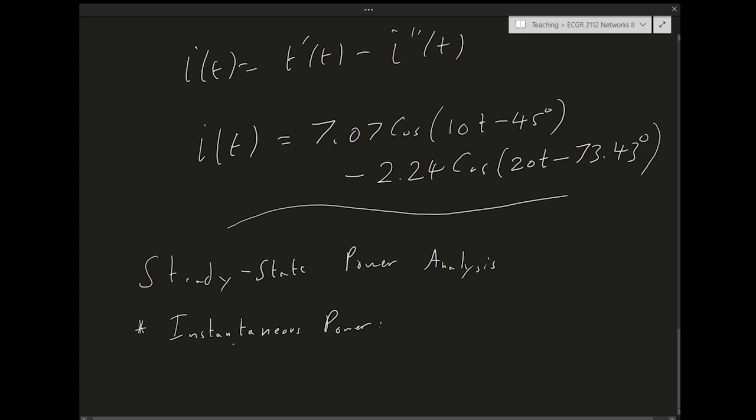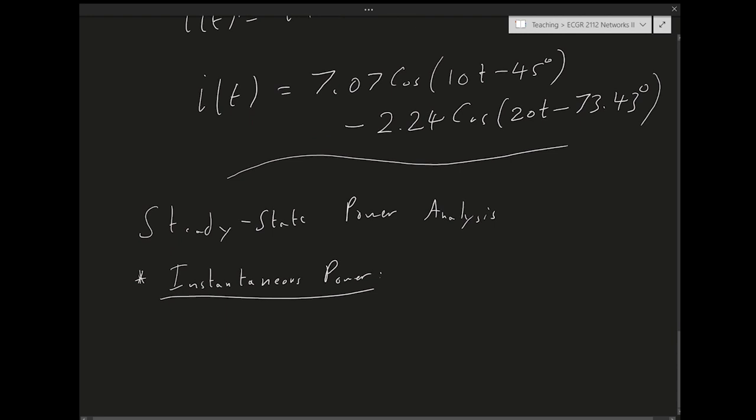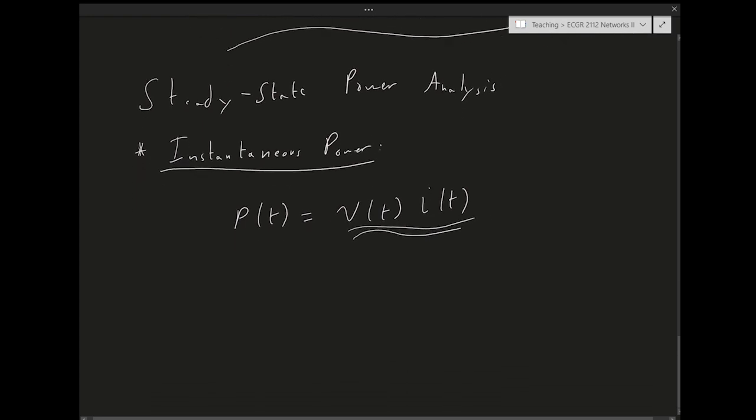So you've covered instantaneous power in circuits 1, in networks 1. You know essentially that instantaneous power at any point in time is just the voltage times the current. That's what it is. So the units of watts equal volts times amps.